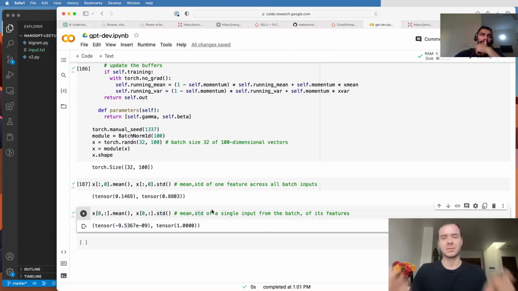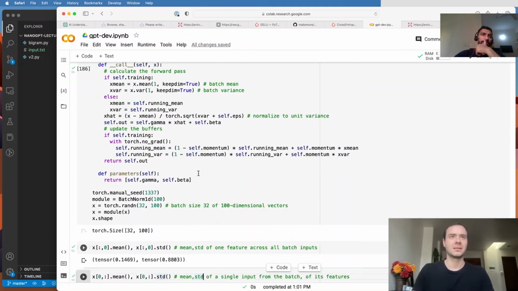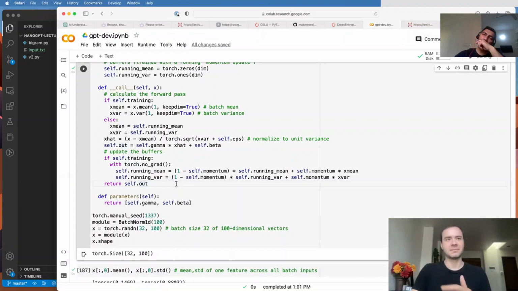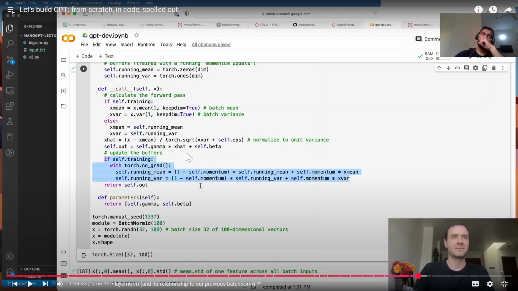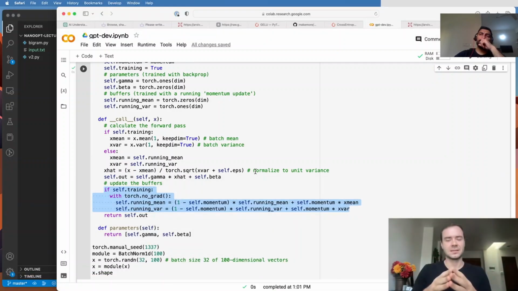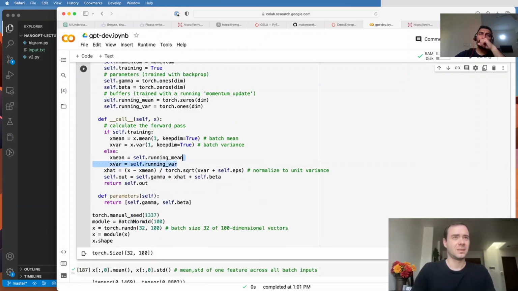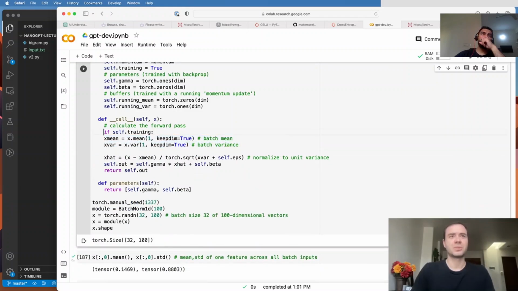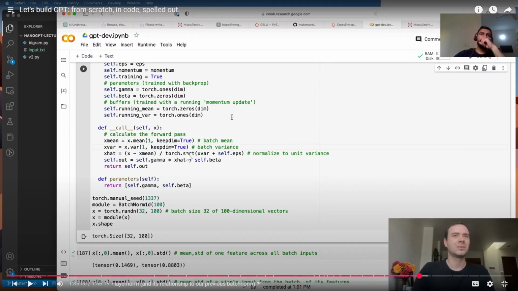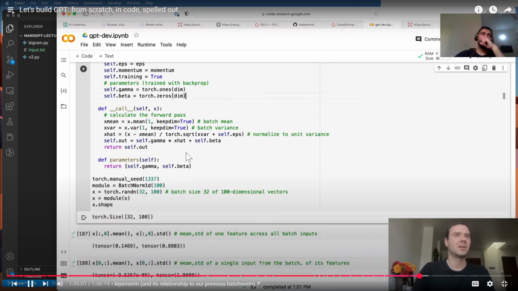For every individual example, its 100-dimensional vector is normalized in this way. And because our computation now does not span across examples, we can delete all of this buffers stuff because we can always apply this operation and don't need to maintain any running buffers. So we don't need the buffers. There's no distinction between training and test time.